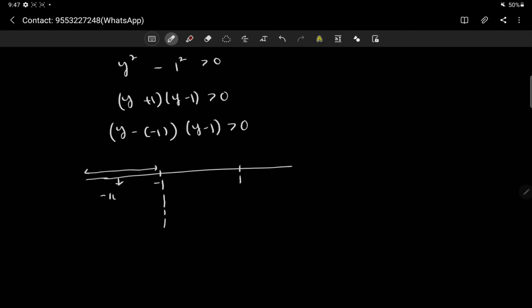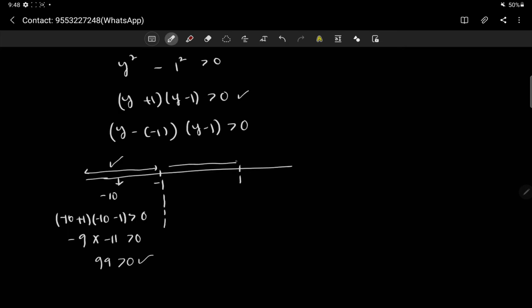We are going to get a correct statement or incorrect statement, that we need to check. For example, I am going to take minus 10 and apply it in this inequality. Then we get minus 10 plus 1 into minus 10 minus 1 greater than 0. Here minus 9 you have and minus 11 you have, greater than 0. This is plus 99 greater than 0. Correct statement only. So you can take these values.